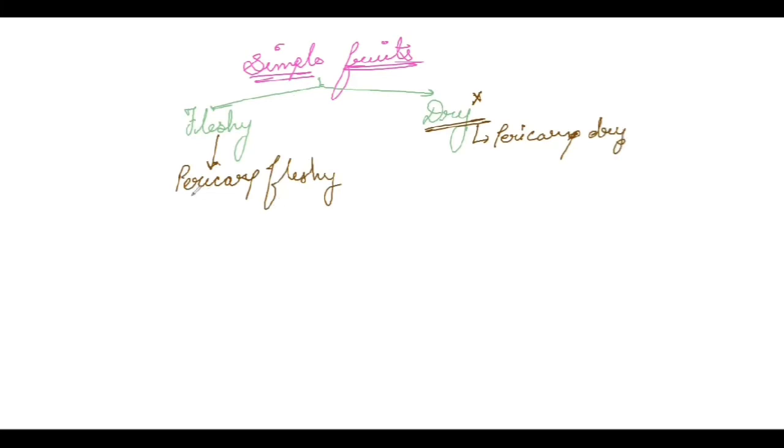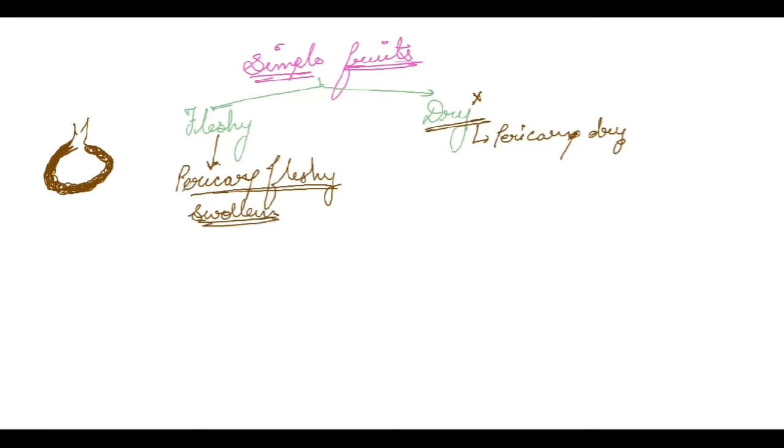Now, the pericarp becomes filled with so many sugar materials and juicy materials, forming the edible part of the fruit, but not in all fleshy fruits. In some of the fruits, for example, mangoes. Clear? So the pericarp becomes fleshy, it becomes swollen and stores some tasty eatable materials, making the pericarp edible.